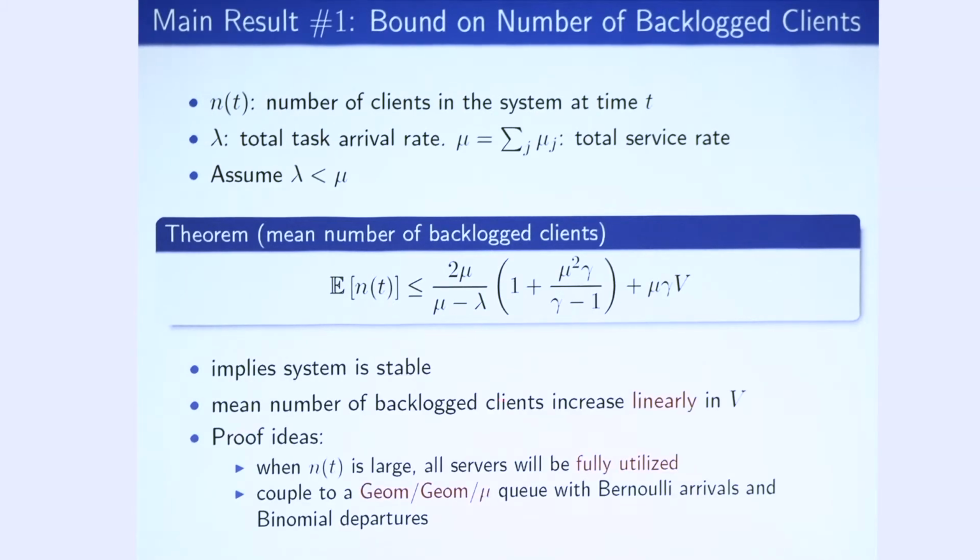This immediately implies the system is indeed stable under our policy. And note that this upper bound increases linearly in V. This is the same as our previous observation about the role of V. So as V increases, you will have more congestion.